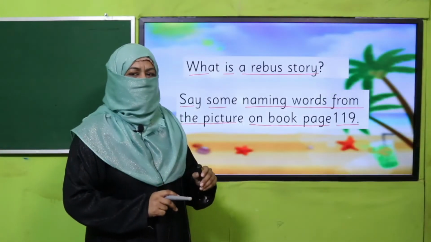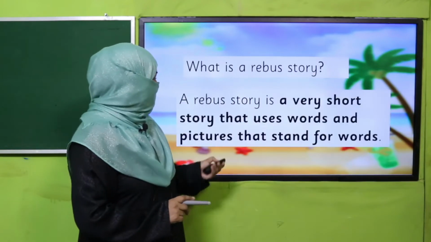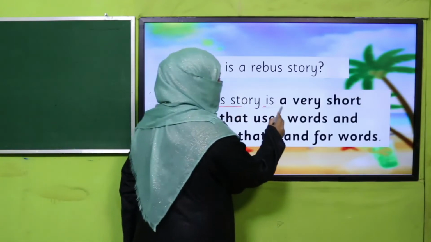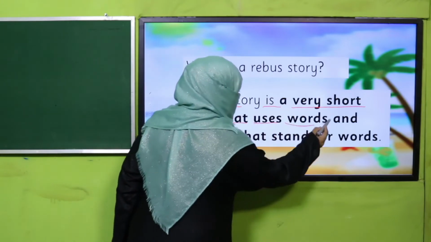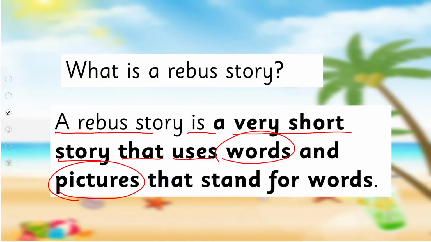Yes, my dear children, I hope you could answer correctly that a rebus story is a very short story that uses words and pictures. There are words and pictures both that stand for words. Instead of mentioning words, there are a few pictures.